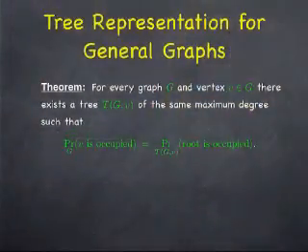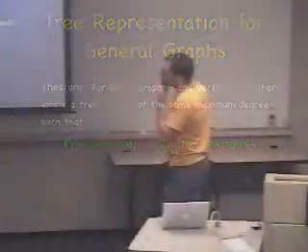But just want to say that, from the first part, we can now just compare G to any tree of maximum degree D, not necessarily regular. This is all I want from this part. Okay. So now I move on to give a tree representation for general graphs.